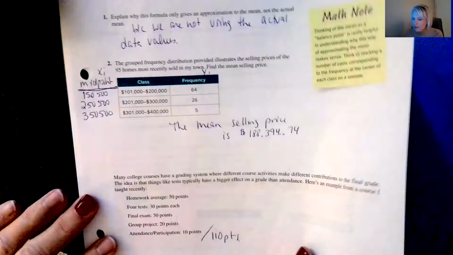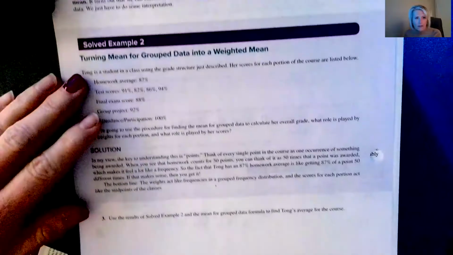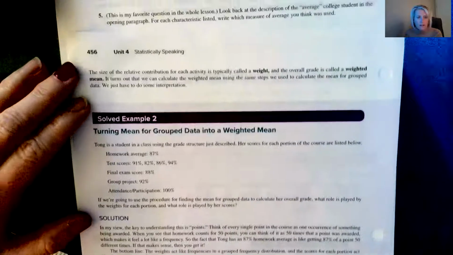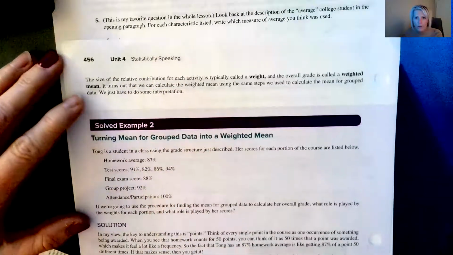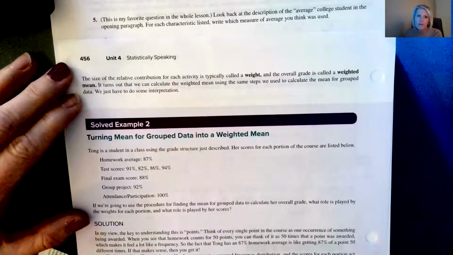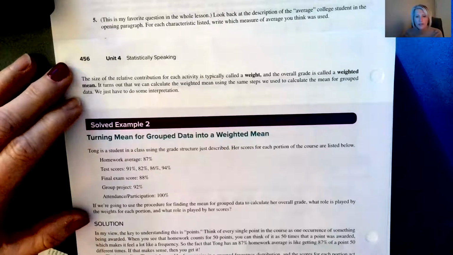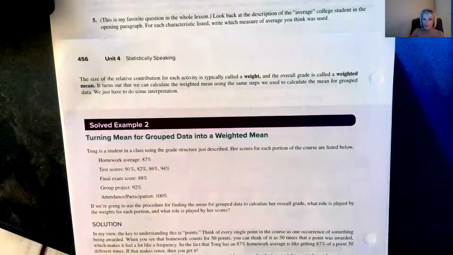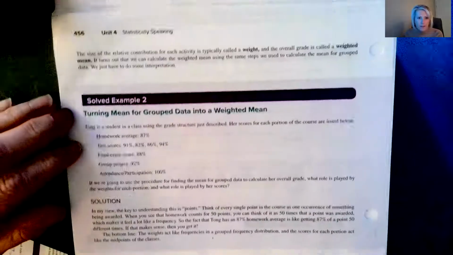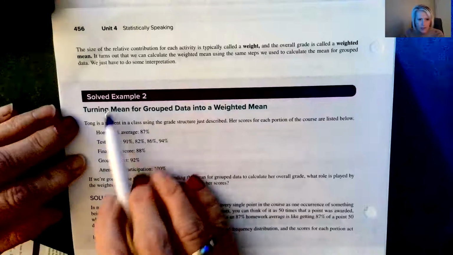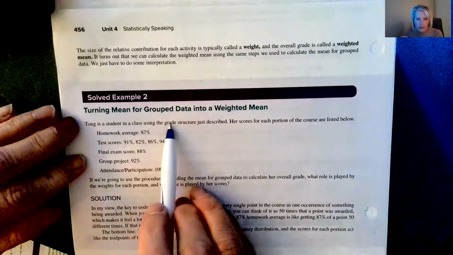Let's turn the page. So the size of the relative contribution for each activity is typically called a weight, and the overall grade is called a weighted mean. It turns out that we can calculate the weighted mean using the same steps we use to calculate the mean for grouped data. We just have to do some interpretation. So it says Tong is a student in a class using the grade structure just described.